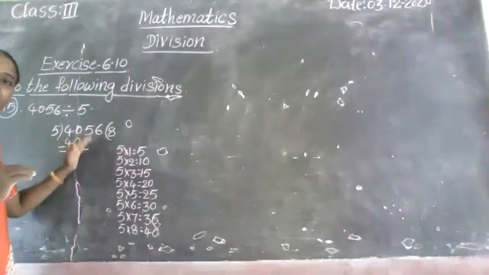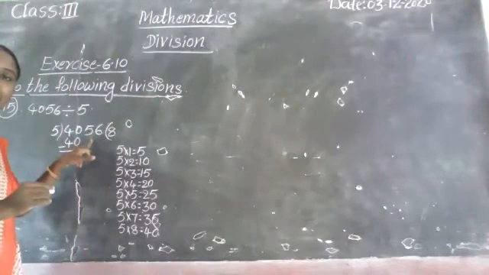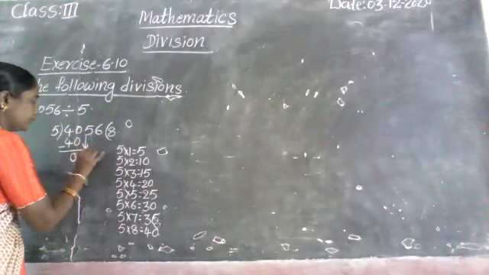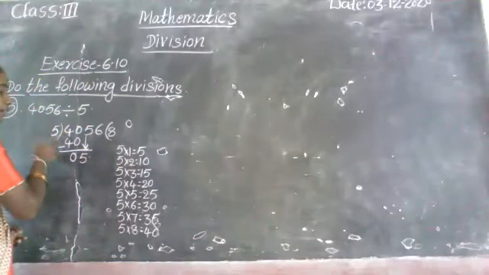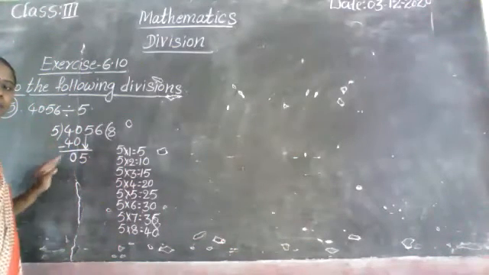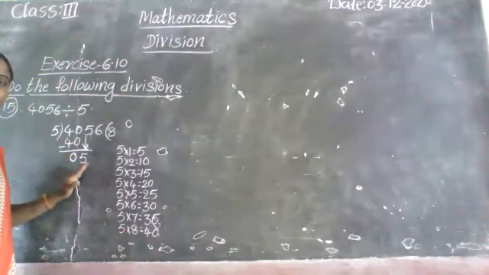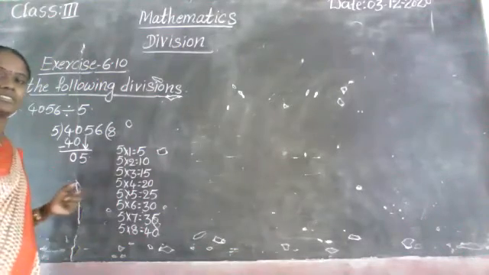So we have to take the next digit. What is the next digit? The tens digit is 5, so we take 5 here. Now 5 divided by 5. What is the quotient? In the 5 table, 5 ones are 5.